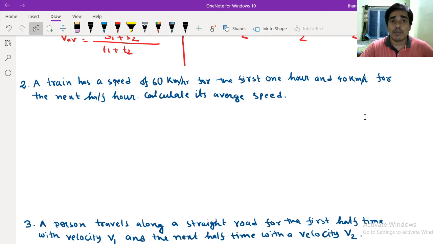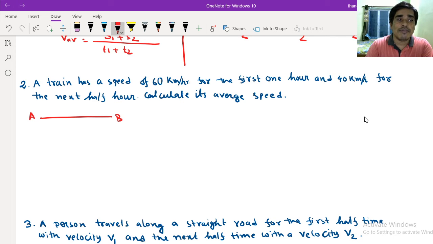Suppose this is point A and this is point B. For the first 1 hour, the speed is v1. The remaining part, v2, is for t equals half hour. You have to calculate the average speed.